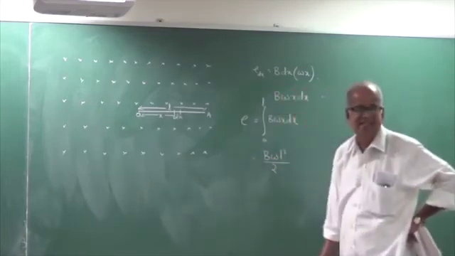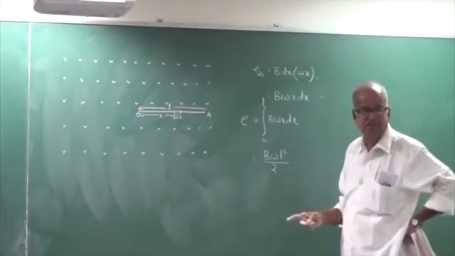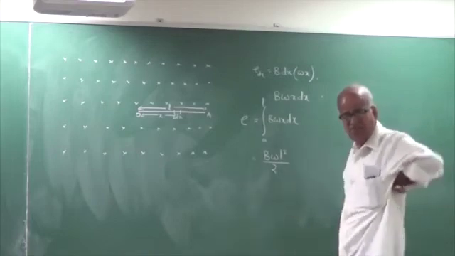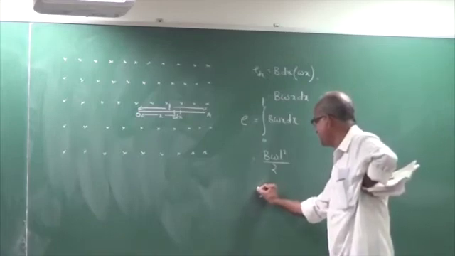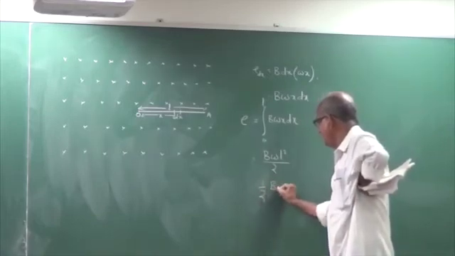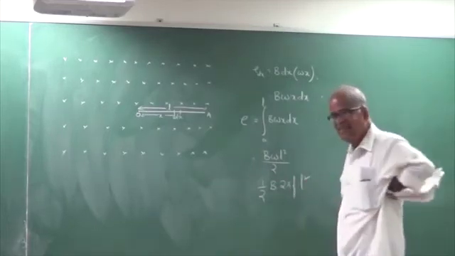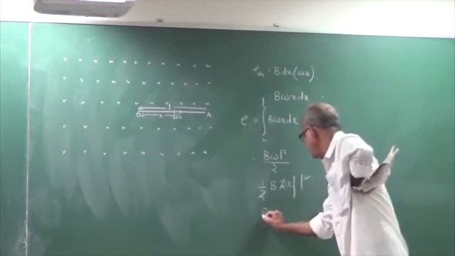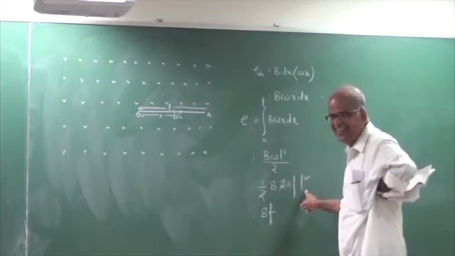This is the EMF induced. As you can see, if omega is more, if it's going faster and faster, the EMF induced will be greater. In fact, you can put it in another way. You can write it as half B, omega can be written as 2 pi F, into L squared. Will you agree? You can cancel this: B into F into pi L squared.